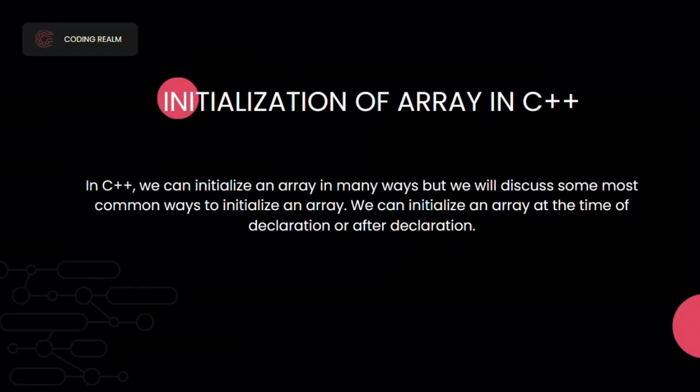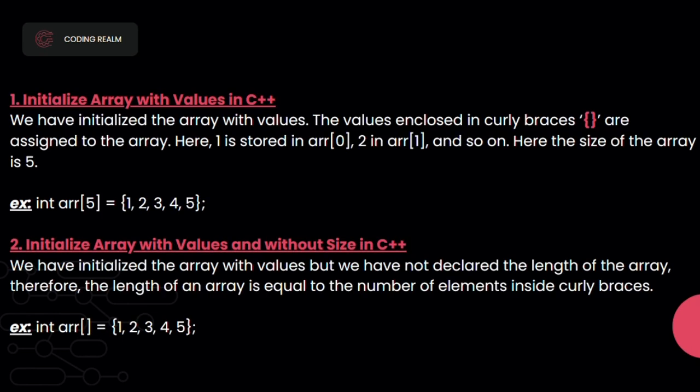Now the initialization of an array in C++. In C++, we can initialize an array in many ways, but we will discuss some of the most common ways. We can initialize an array at the time of declaration or after declaration. First, initialize the array with values.